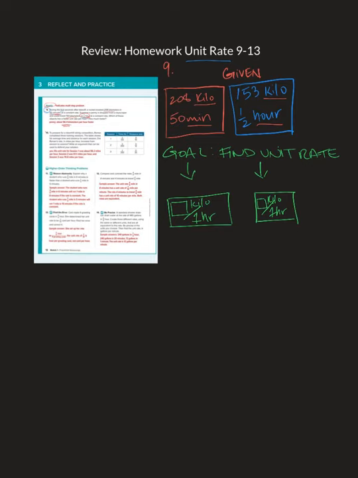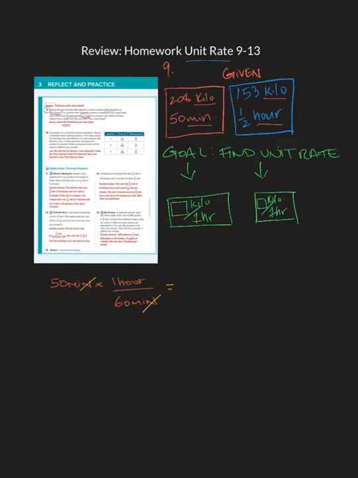All right. But first I'm going to convert 50 minutes into hours. And what that looks like is you have 50 minutes times our conversion factor, which is 1 hour to 60 minutes. All right. Those minutes will cancel, and then you're going to be left with the hour.